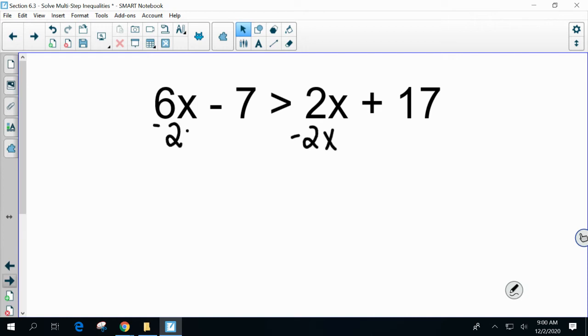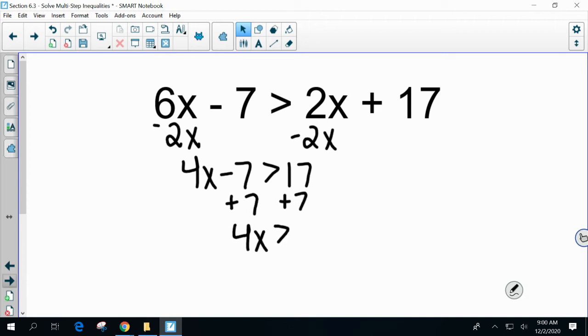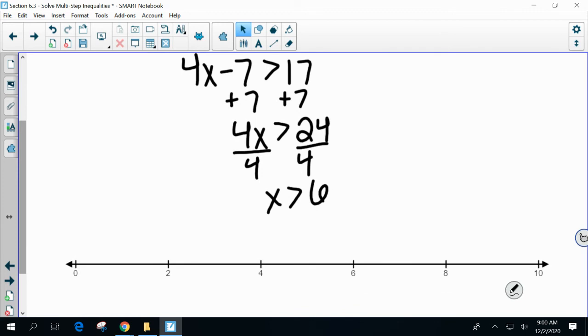So I would have 4x minus 7 is greater than 17. And then I need to move the 7 over. So add 7. So 4x is greater than 24. Divide by 4. x is greater than 6. And then I graph it.